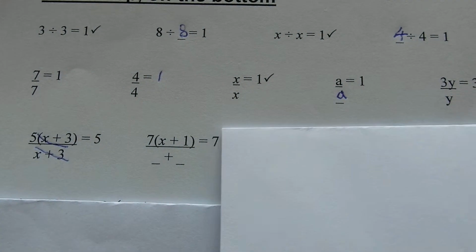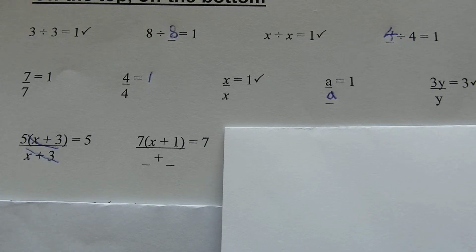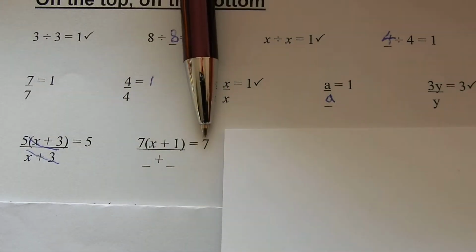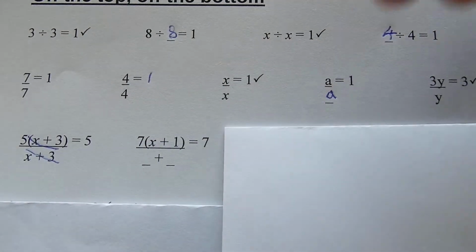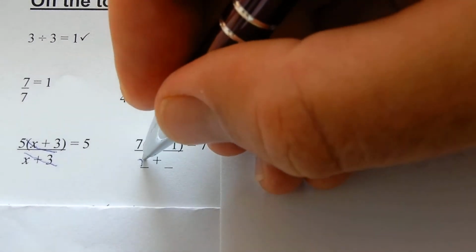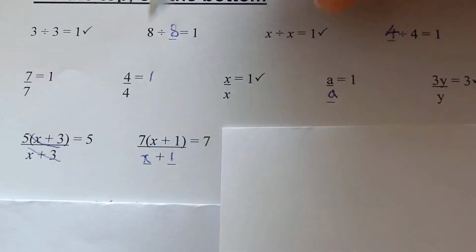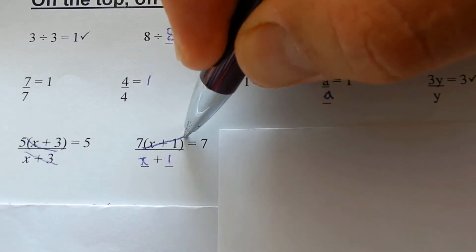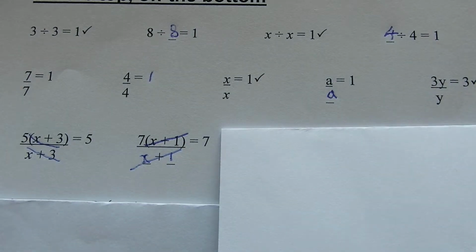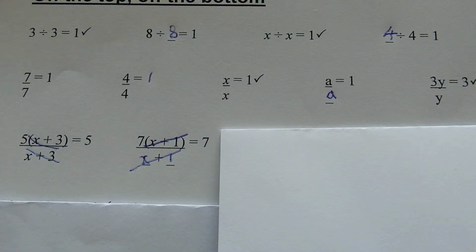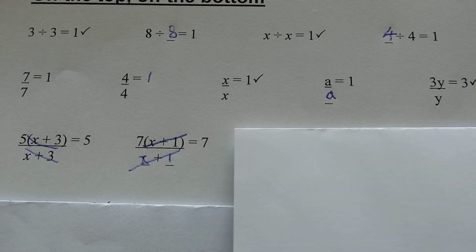Cool. Here we go. Now, in order to get 7 at the end, this x plus 1 cancels. It must be divided by x plus 1. Because this number divided by the same number, they cancel off the top, off the bottom, giving you the 7. 7 times 1 is 7.